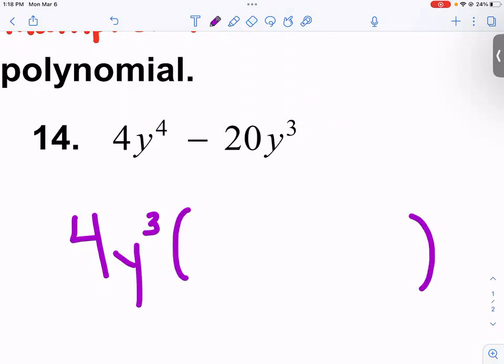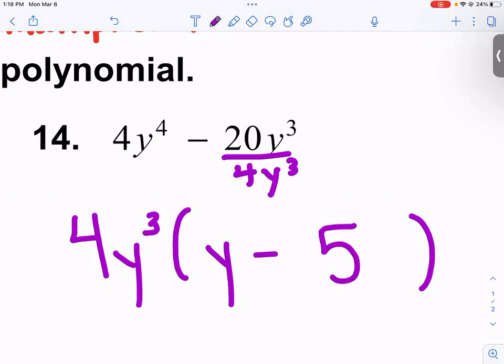Now, if we divide out 4y cubed, what's left here? Y to the first. Minus, if we divide out 4y cubed, what's left here? Just 5. The y cubed over y cubed cancels out.